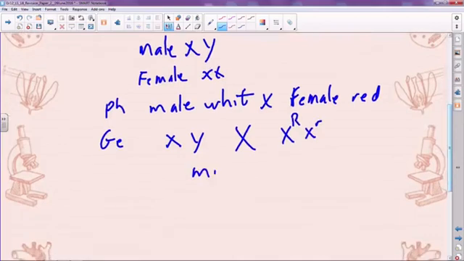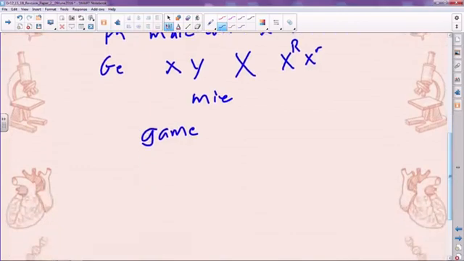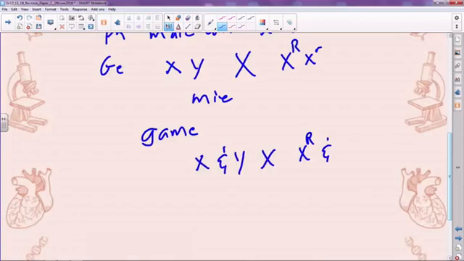So remember, meiosis, right? And then it creates gametes. And the gametes are X and Y crossed with X, big R, and X, small r. And you're going to find fertilization.